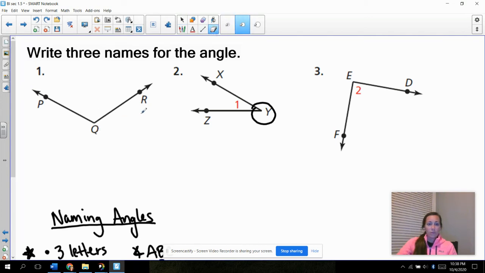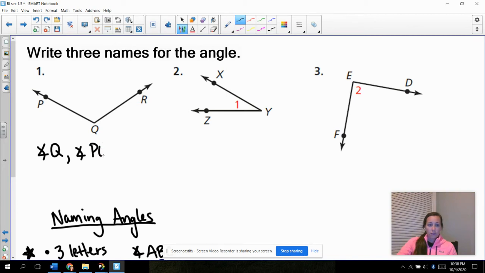All right, so number one, they want you to name each of these three ways. So the first one, I could name angle Q because that's the vertex, just one letter, that works. I could also name this angle PQR.